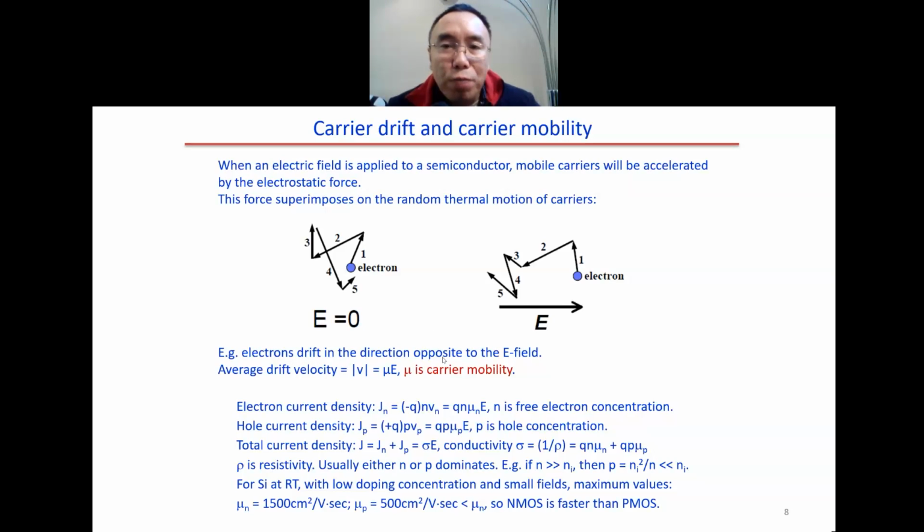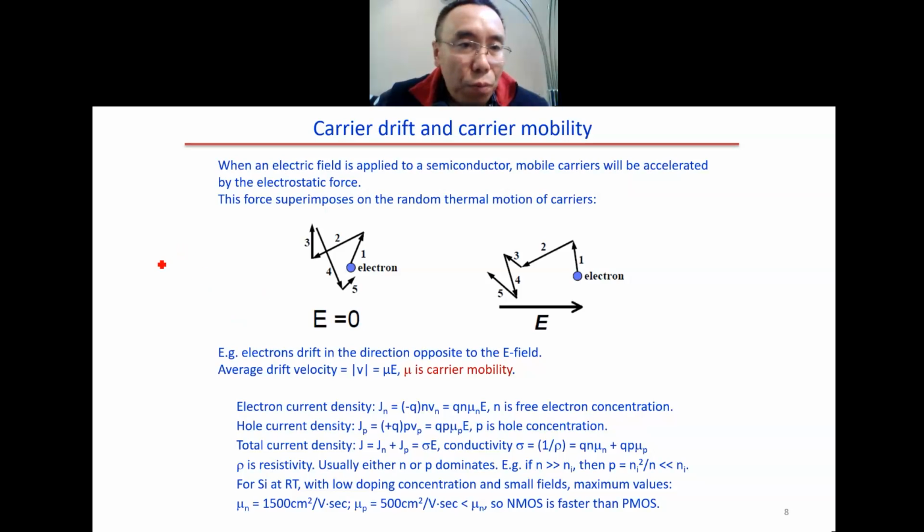For a rough approximation, we see that the drift velocity is proportional to the electrical field. This proportional number is called carrier mobility. So what is the unit for the carrier mobility?